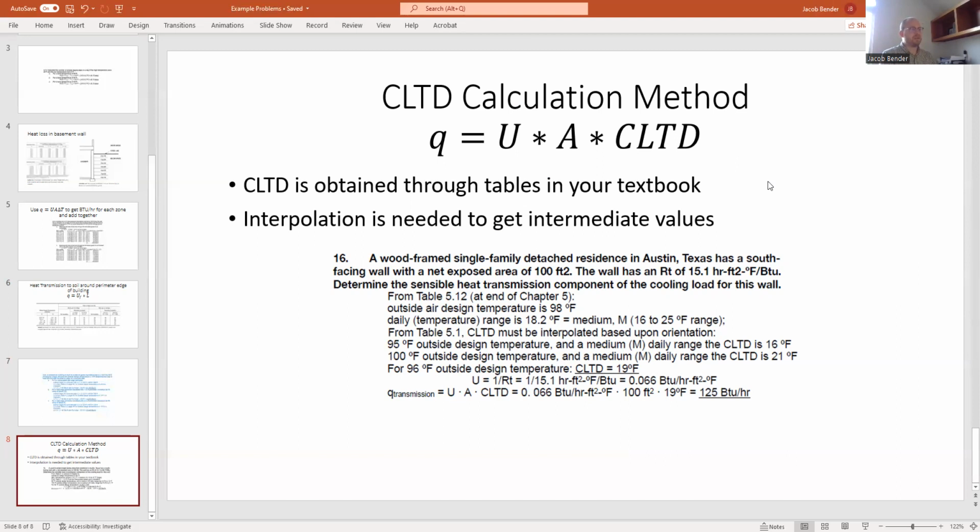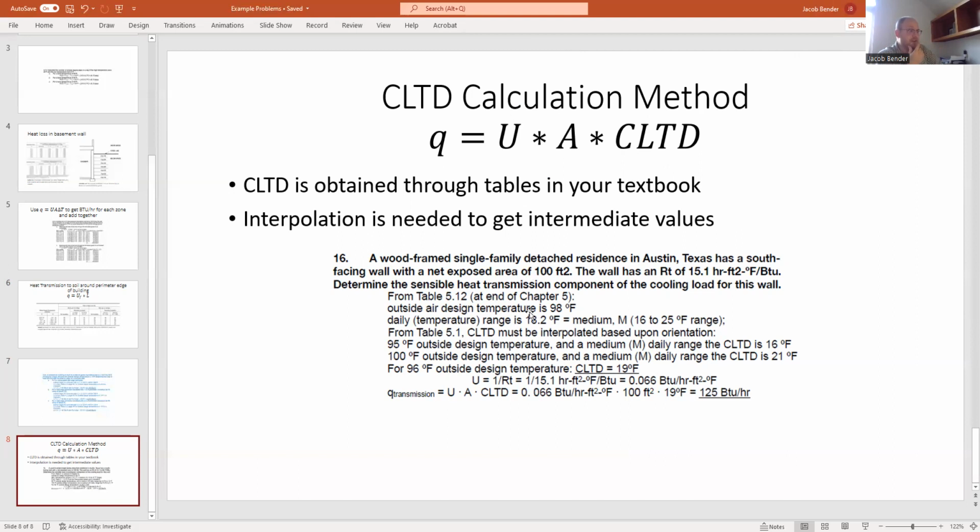And based on 95-degree outside design temperature, your CLTD is 16 degrees.